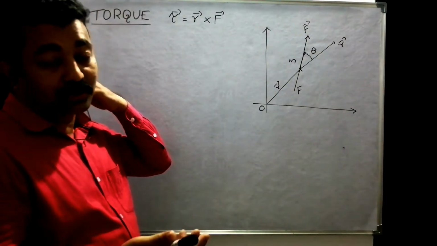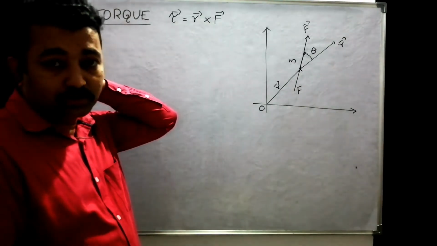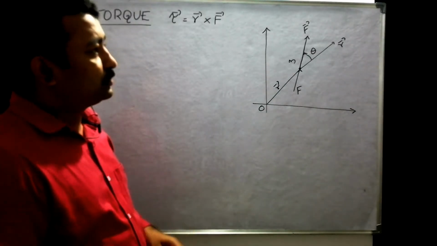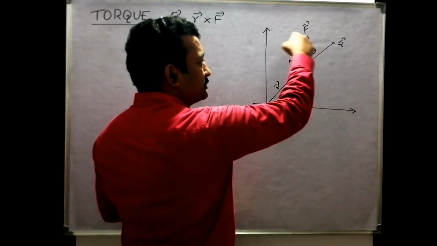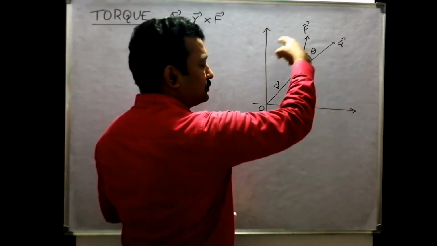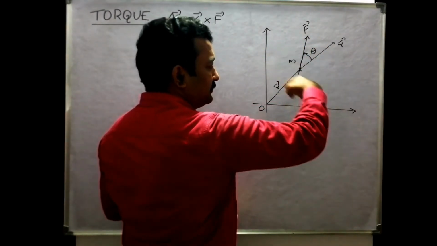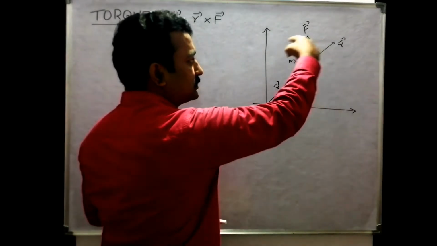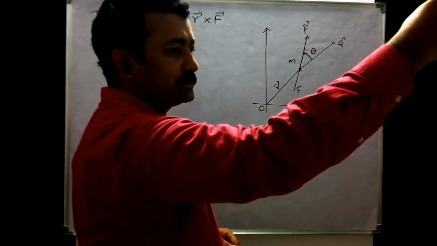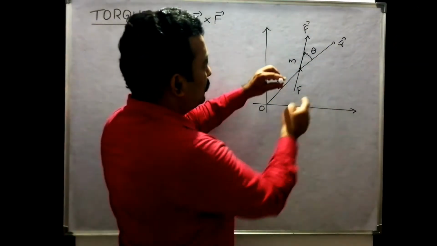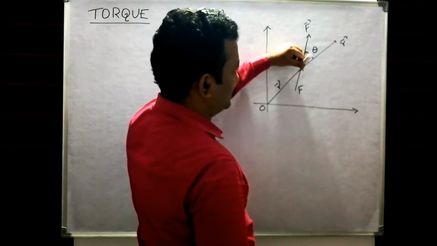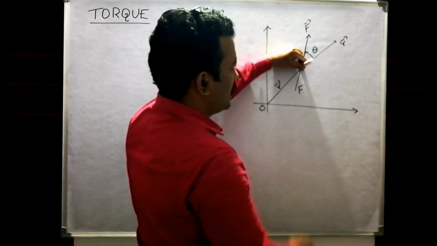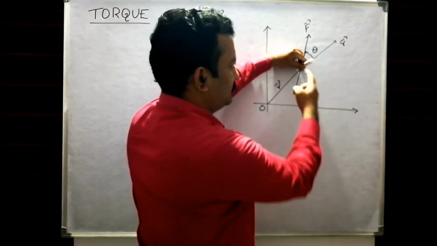We can use the concept of rotation of a screw. If a right-handed screw is rotating in an anti-clockwise manner, the screw will gradually come outwards. So when R is rotating to F, the direction of the torque will be out of the plane of the paper.